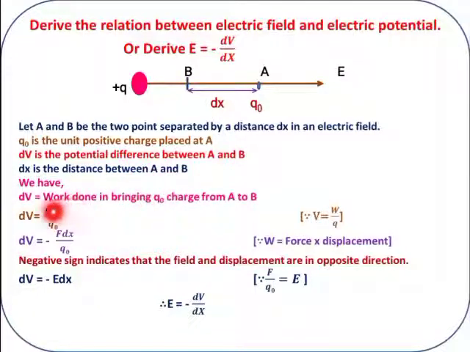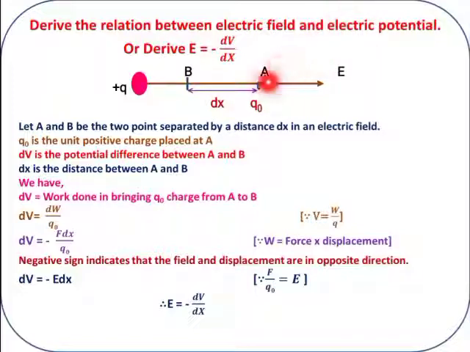Potential means work done. When we shift one object from one place to another place, work has to be done. Here also, if we bring this positive charge from infinity to A, is work done or not?